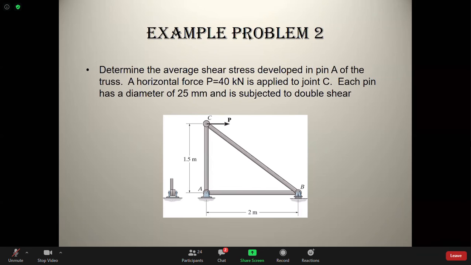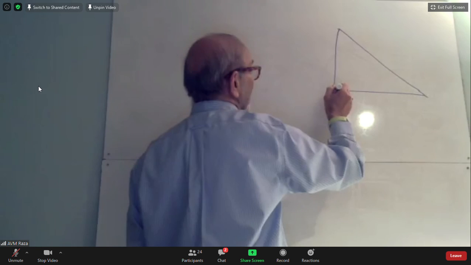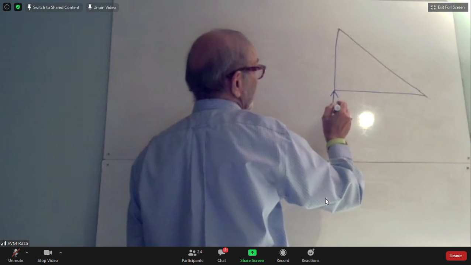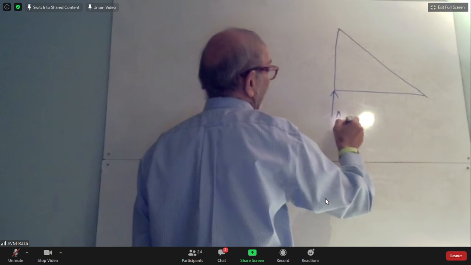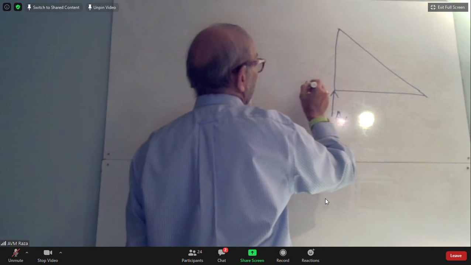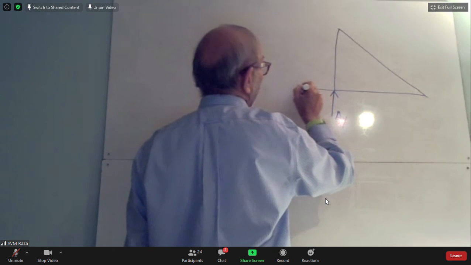The first thing we need to do is find the support reactions. So let's say this is our truss. I have a pin at A, so the pin is replaced by AY and AX, let's say.